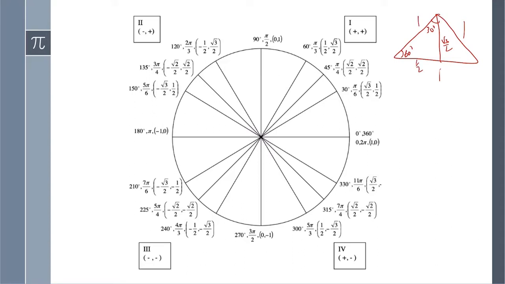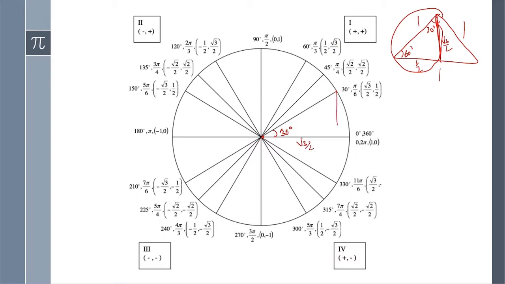Now if you bring this triangle and place it here in the unit circle, so this is 30 degrees, that means this vertex is right here. And this is the y, this is the perpendicular. If you rotate that triangle, this becomes square root of 3 over 2.